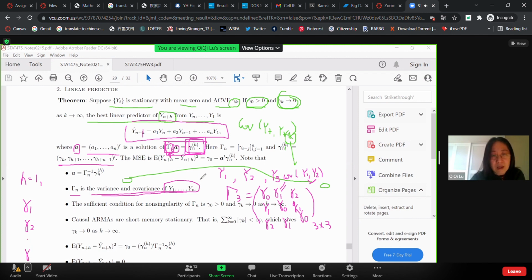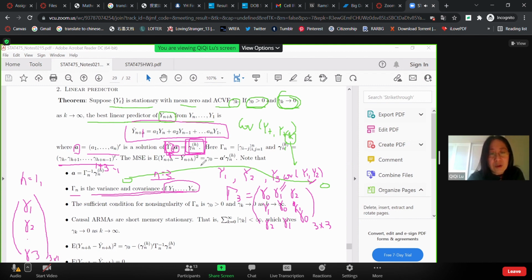If we have n equals 3, so 3 observations, this is just a 3 by 1 vector here.